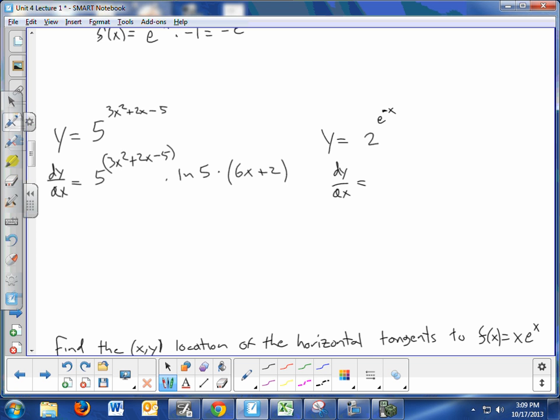We're going to start using dy dx a little bit more. You'll see why moving forward. So be comfortable seeing this, that being the derivative, or the instantaneous change in y over the instantaneous change in x. We have the same thing, log 2 times negative e to the negative x.